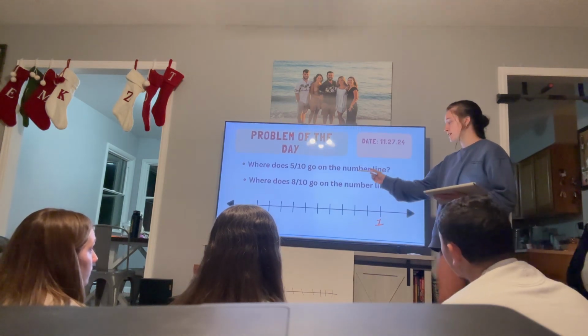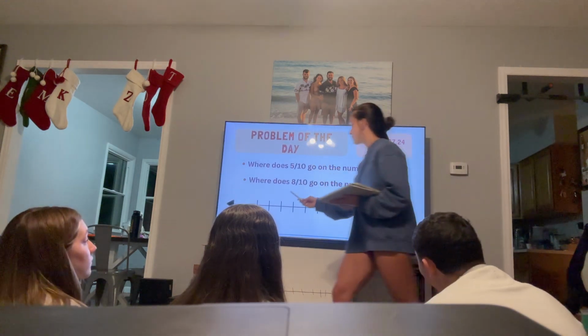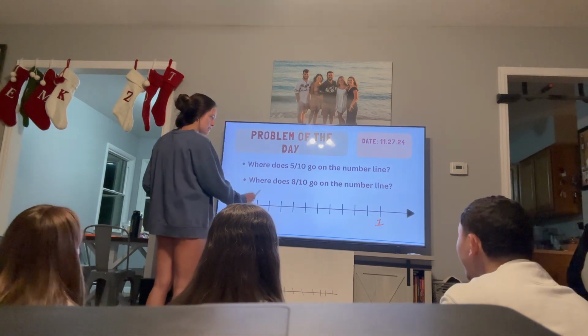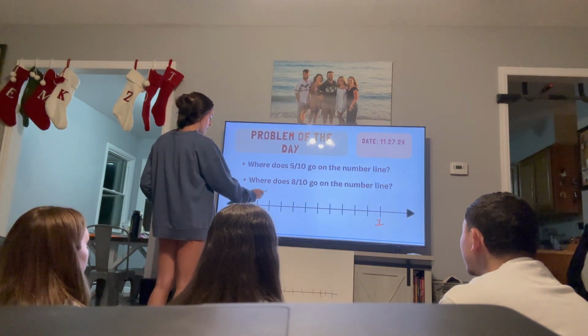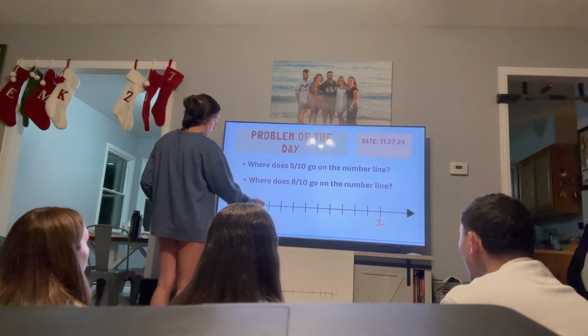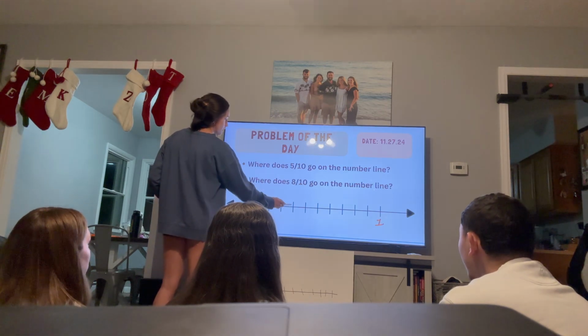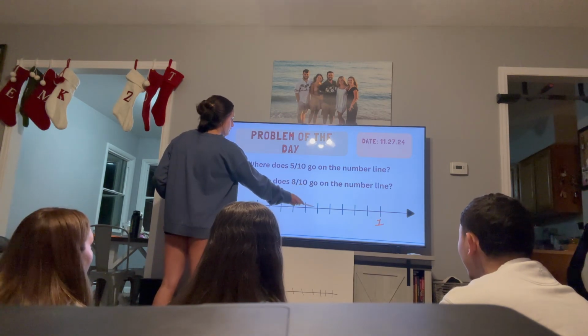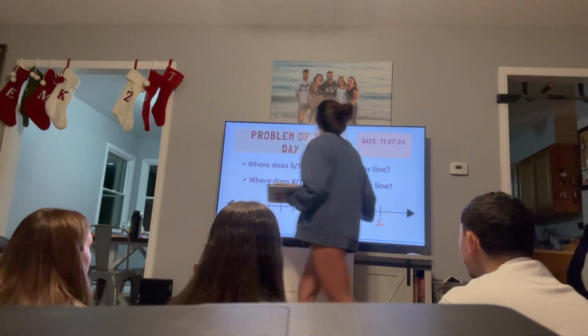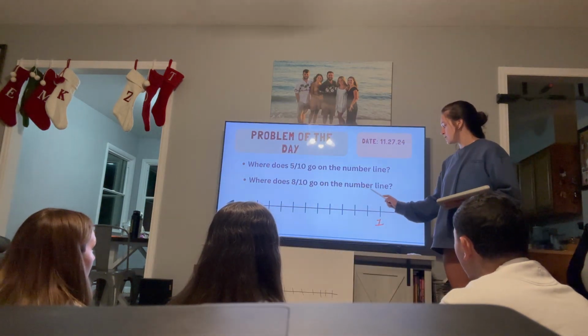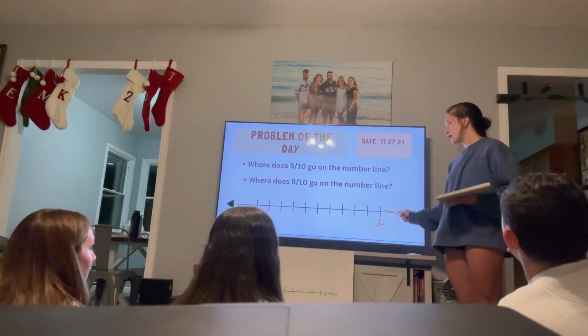So for 5/10, when we count out how many ticks are on this number line we have, count with me. 1, 2, 3, 4, 5, 6, 7, 8, 9, 10.